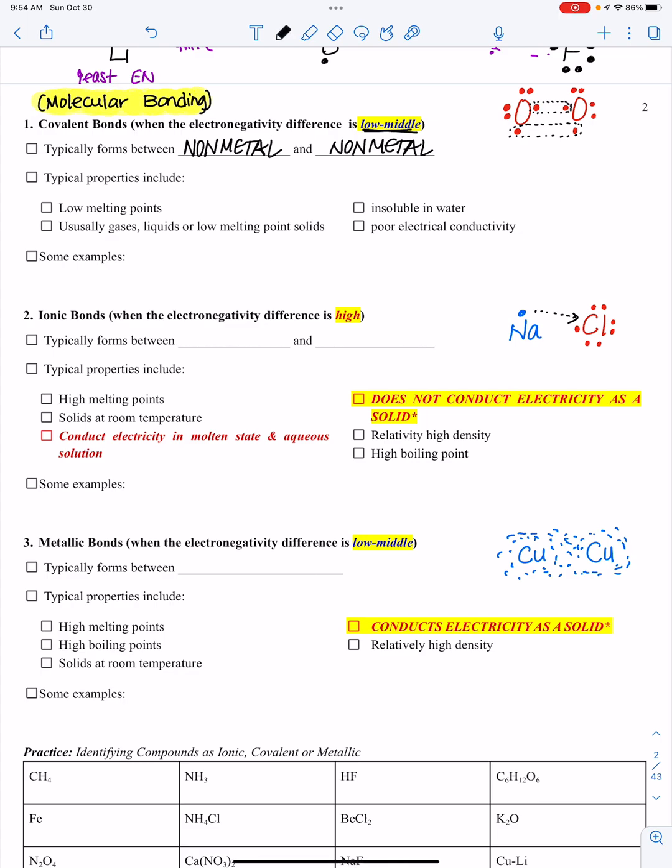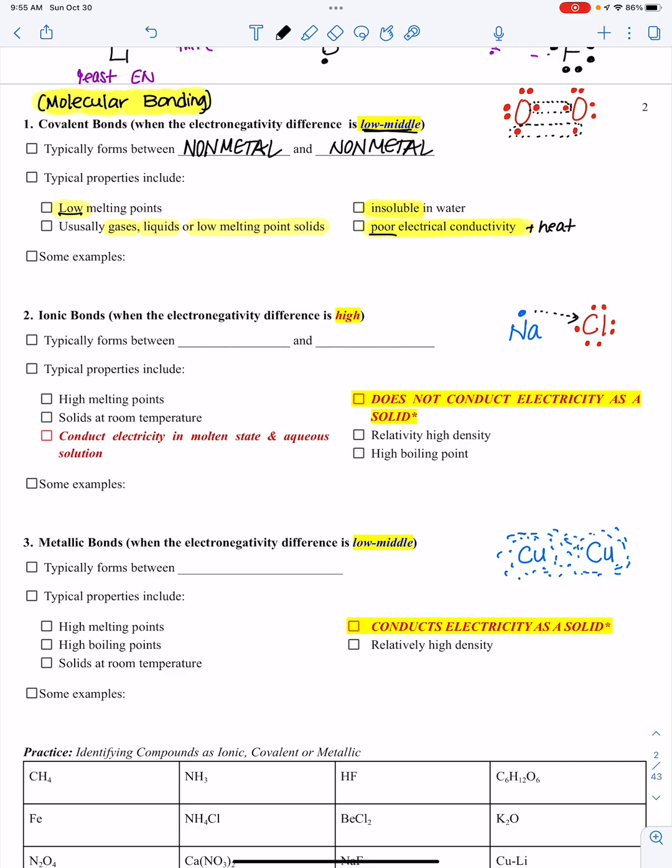Typical properties for molecular bonding is that it's low, so low melting point. They're usually gases or liquids with low melting points. They're insoluble in water. They are poor conductors of heat and electricity. So low and poor. Their properties are weaker.